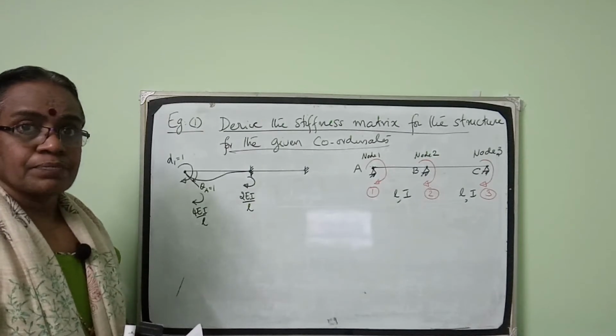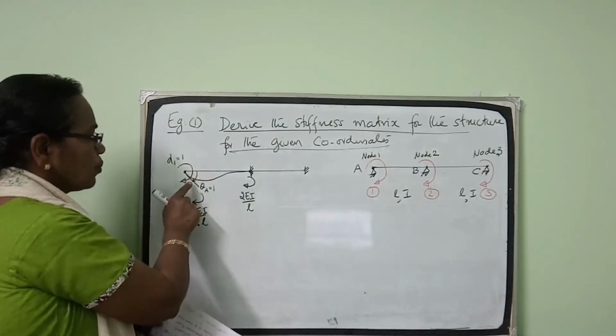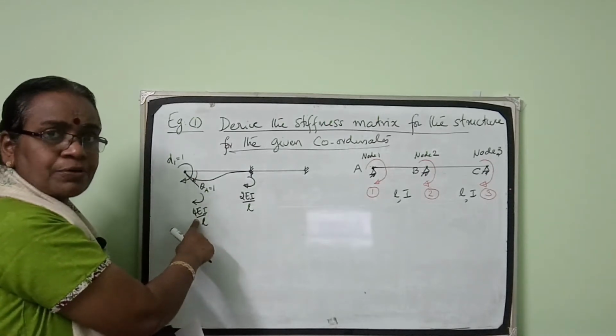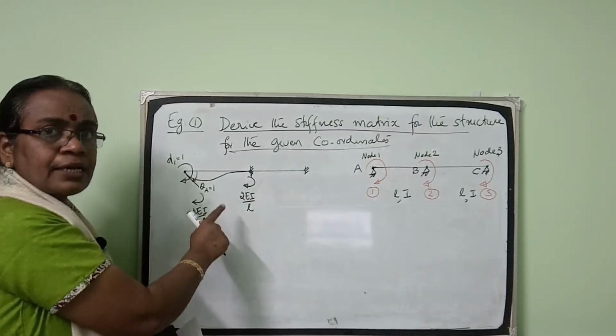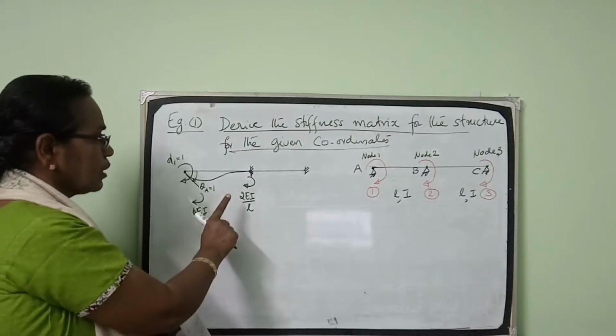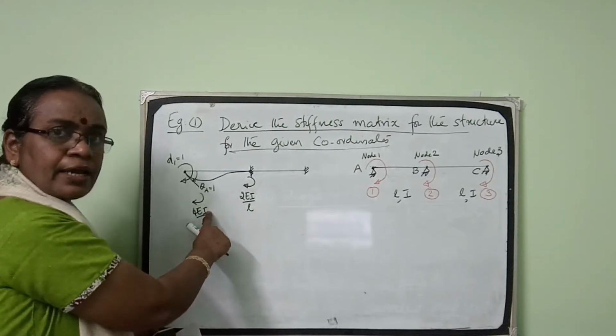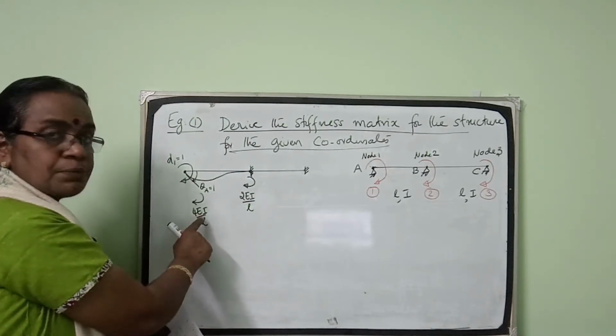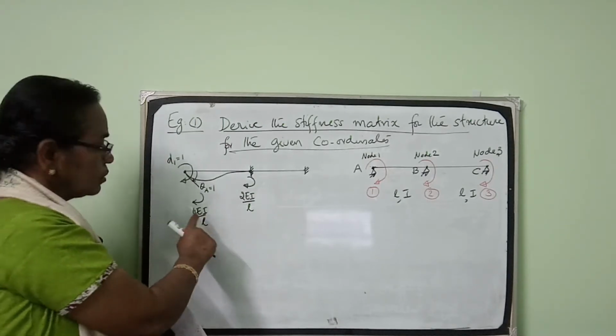So in order to produce unit rotation here, a moment must be induced whose value is equal to 4EI by L. If we know the cross-sectional area of the beam, we can calculate I. If we know the span of AB, we can put L. If we know the material out of which it is made, we get this entire term.